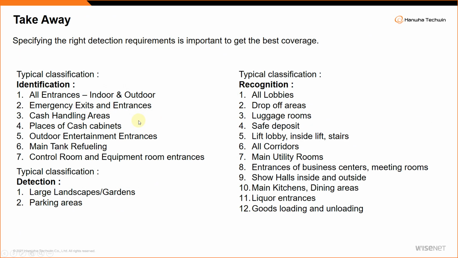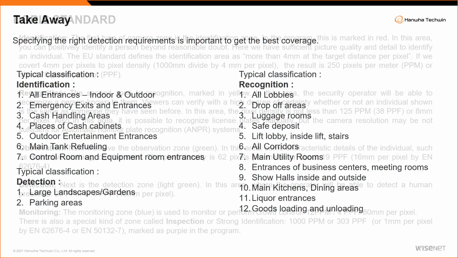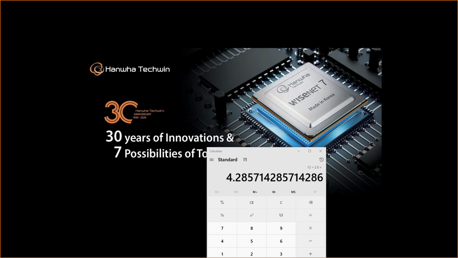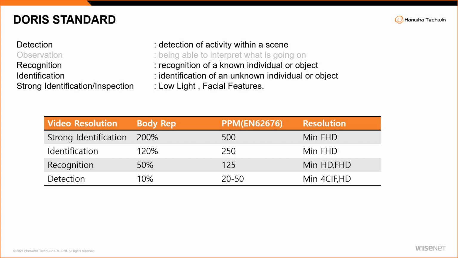It's a standard that defines how many pixels are required to make sure you get enough details from the scene. Pixels per meter, PPM.